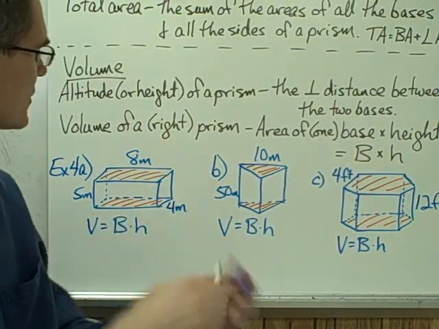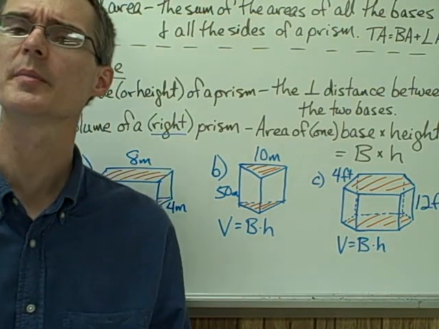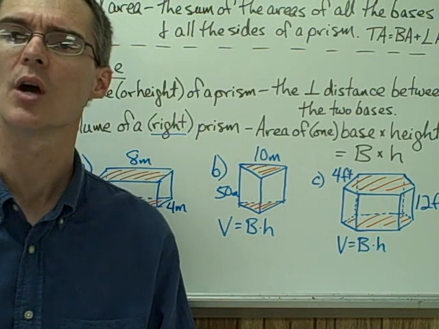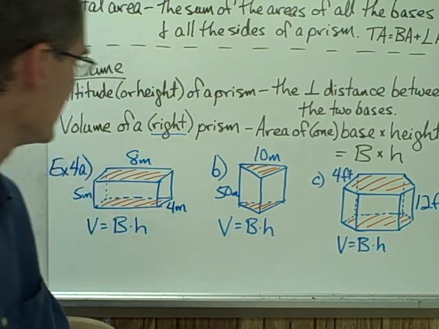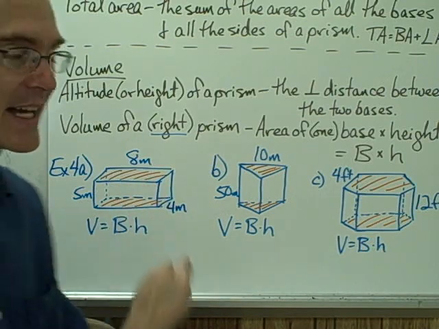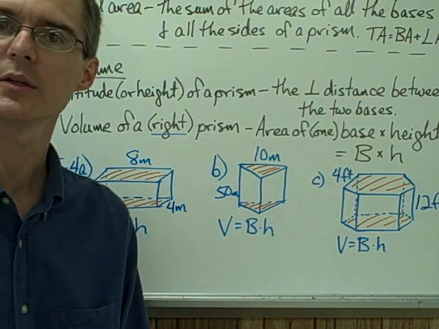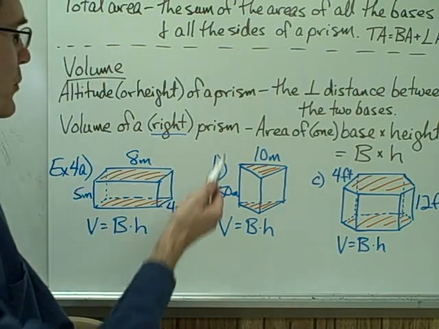Notice that I tossed in this extra word here, a right prism. All of the prisms that we're going to be studying in this unit are right prisms, and that just means that the angle formed between one of the bases and one of the sides is always a right angle. There are other types of prisms, but we're not going to look at those. We're just going to look at right prisms.